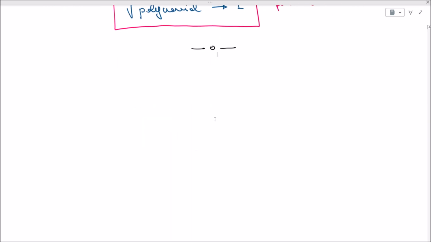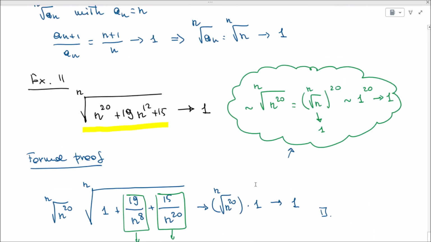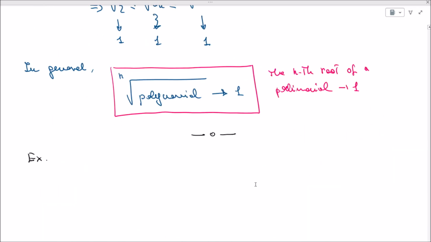Let's consider example 12. Example 12 is, let's take the nth root, this time of n factorial, divided by n.